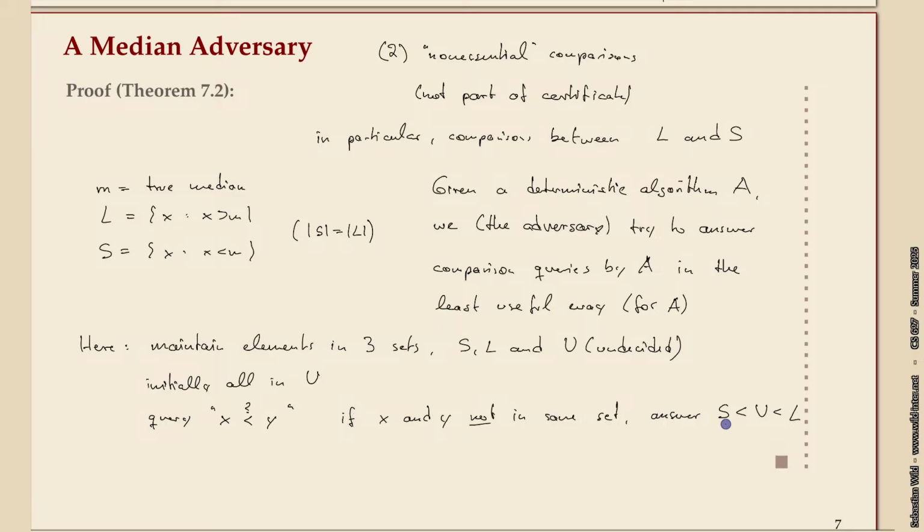If the elements are both in S or both in L, then it doesn't matter. We just answer according to an arbitrary order of these elements that we somehow fix. You could say by the time they entered this set.